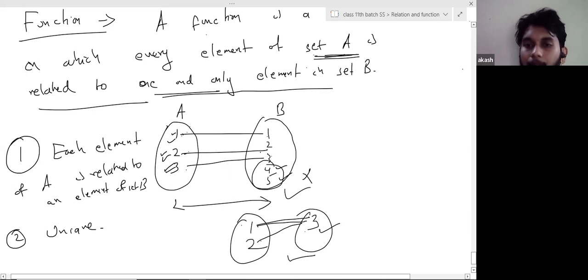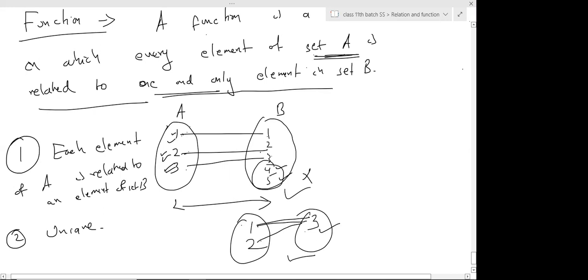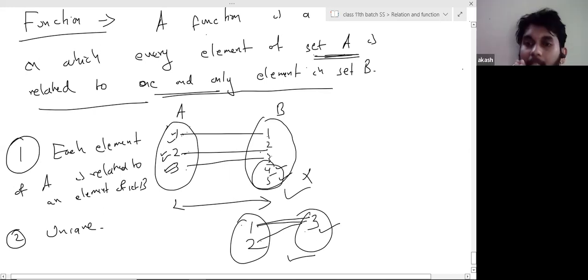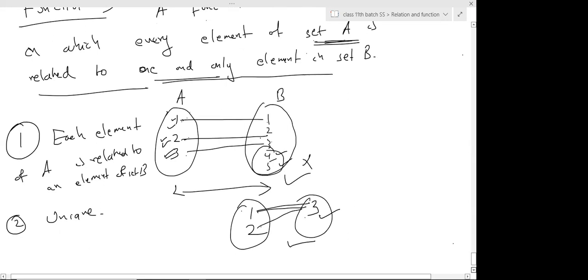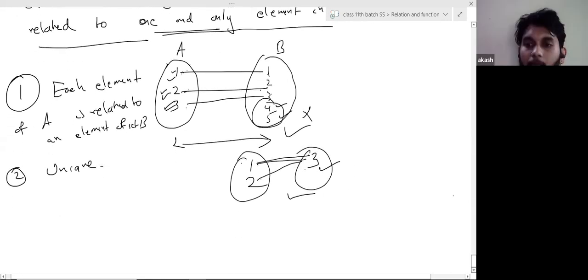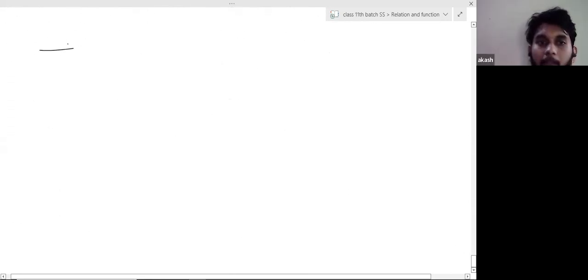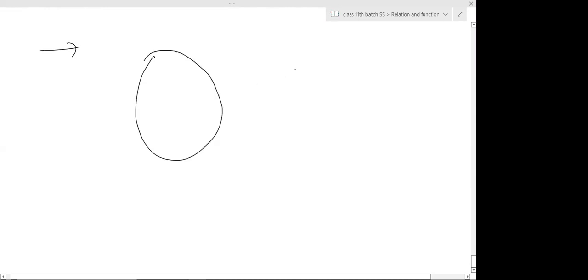Is it clear, Fahad? So always focus, the conditions on A are required. There are no conditions on set B. All right? Is this clear? Yes. All right. Let me give you an example. My favorite example, to make you understand this very clearly.